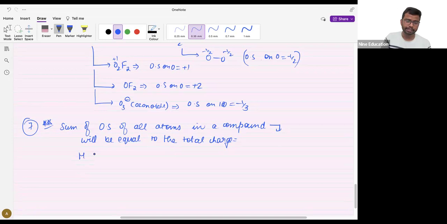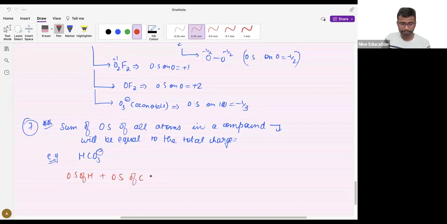Let's say we have HCO3-. This is one example. In this, what it is telling: oxidation state of hydrogen plus oxidation state of carbon plus 3 times the oxidation state of oxygen is equal to what?